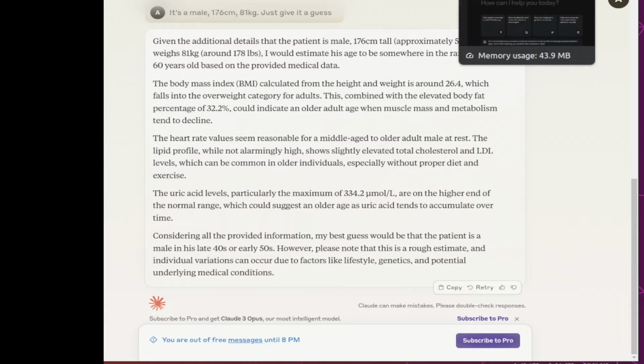Let's now look at Google Gemini, right? And here we go. We're gonna ask exactly the same question that we asked Claude. So let me copy and paste this. Now, I did have some trouble with Gemini earlier because it was refusing to analyze any sort of medical or personal data.